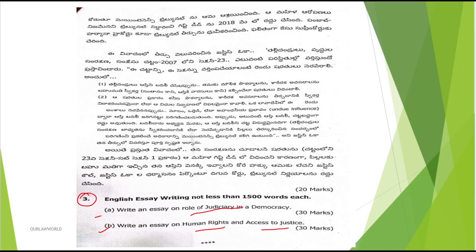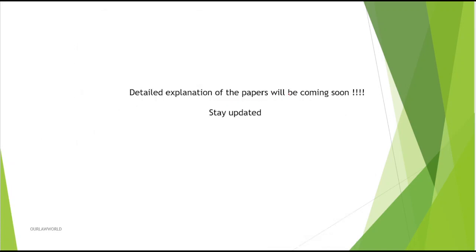For aspirants who have not attempted this year's mains exam, you can have an idea of the questions and the subjects from which they are mostly given. So stay updated, because a detailed explanation of the papers with answers will be coming soon. If you are new to this channel, do subscribe, and the Telegram link will be given in the description, so that you do not miss any of the content.